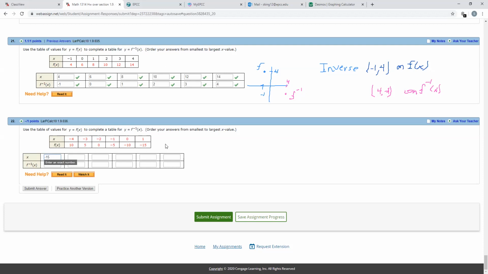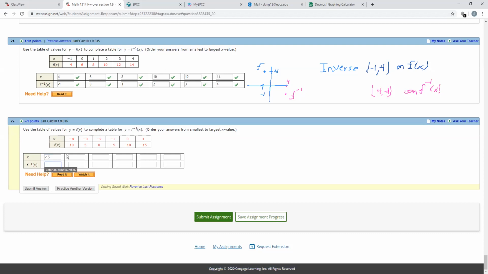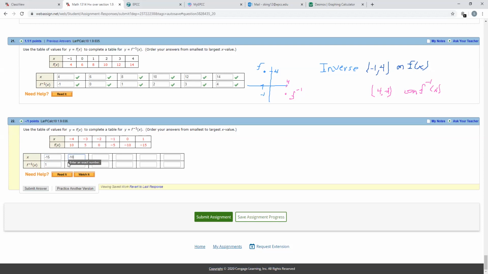There's really no great mathematical reason other than just to write them in order in terms of x values. So you would just do that. And this would be the next smallest x value, and it would map to 0, and so forth.